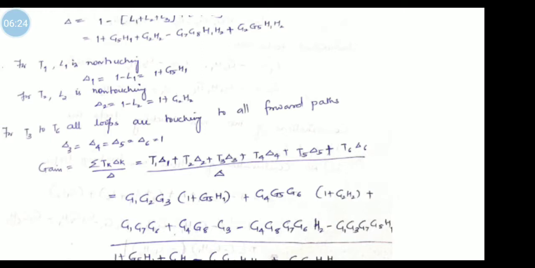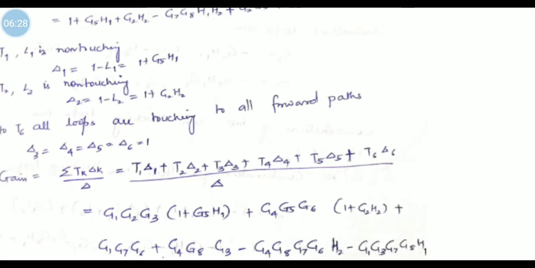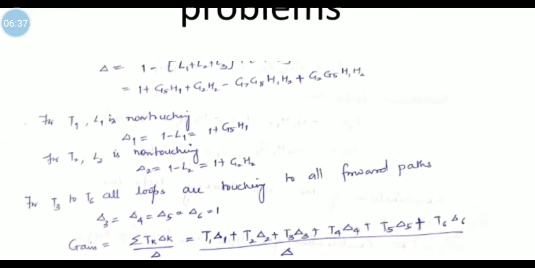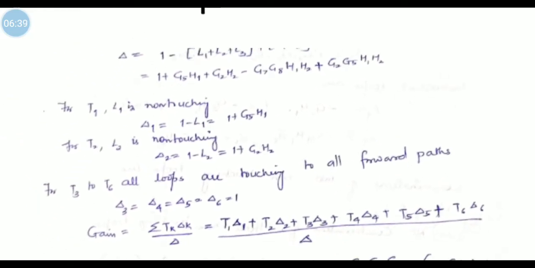So it will be 1 plus G5H1 plus G2H2 minus G7G8H1H2 plus G2G5H1H2.